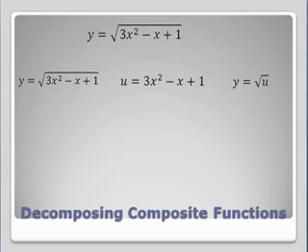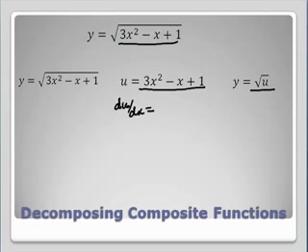And then if I replace that 3x squared minus x plus 1 with the u, my outside function then is the square root of u. All right, doing this derivative, the derivative of u with respect to x, we get 6x minus 1.